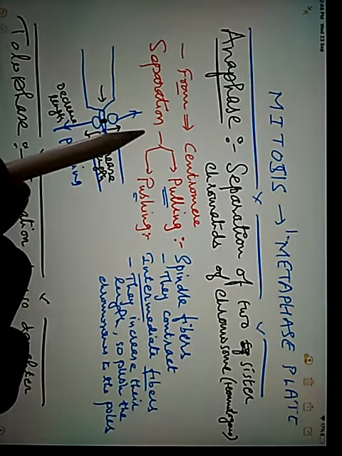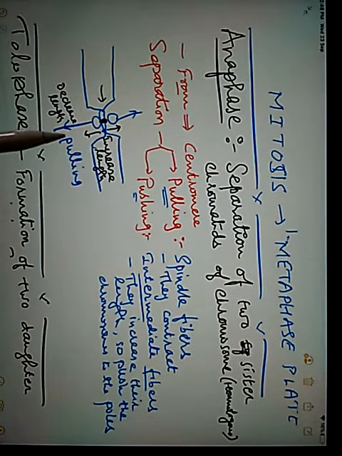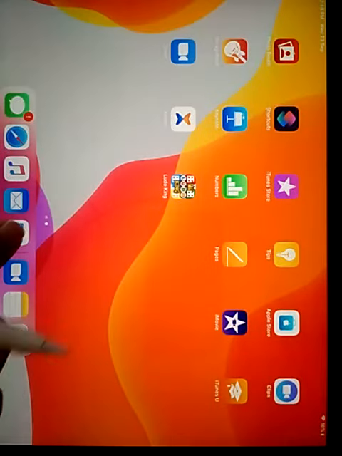Two sister chromatids get apart from the centromere region because of the decreasing length of spindle fibers. Contraction of the spindle fibers happens during anaphase.